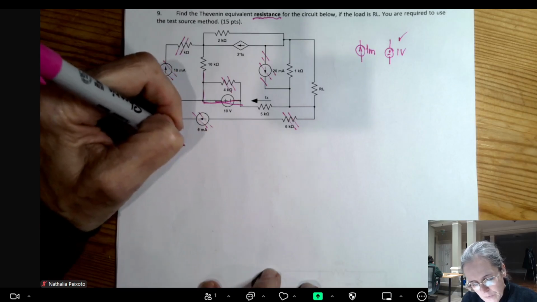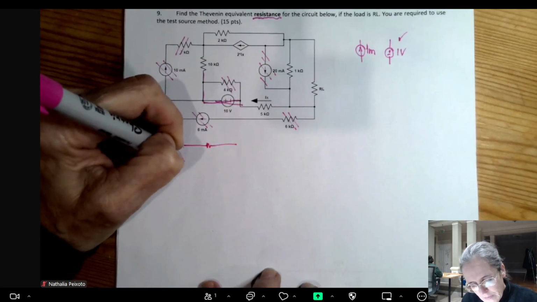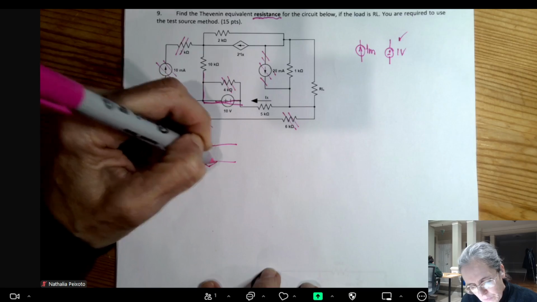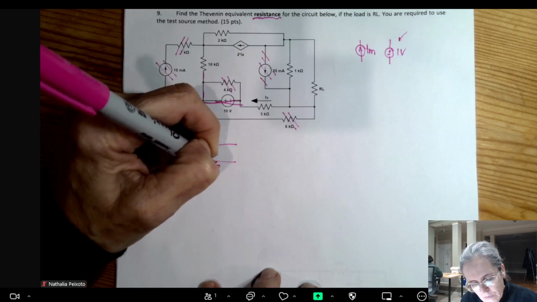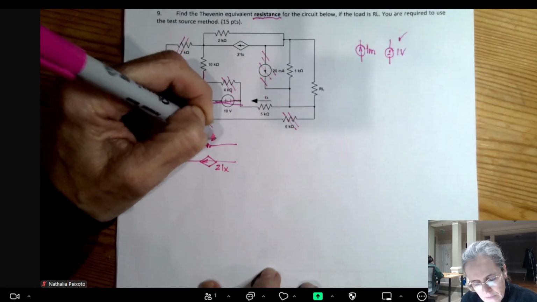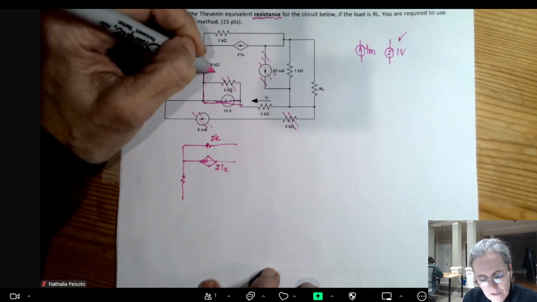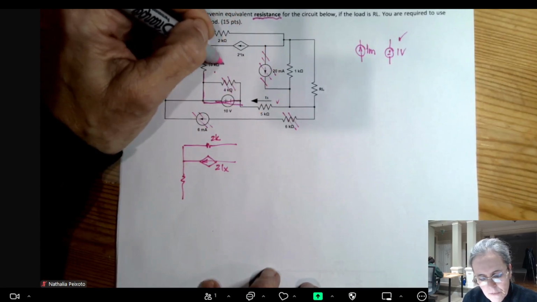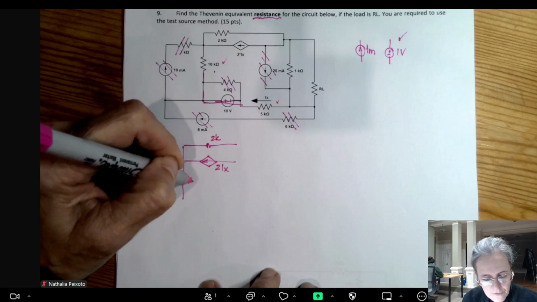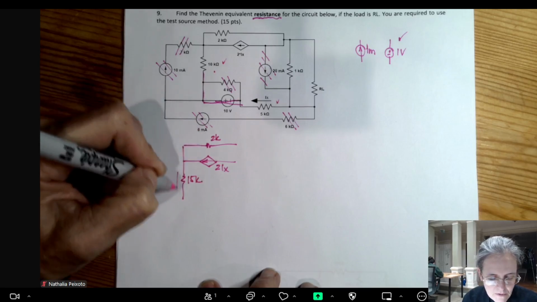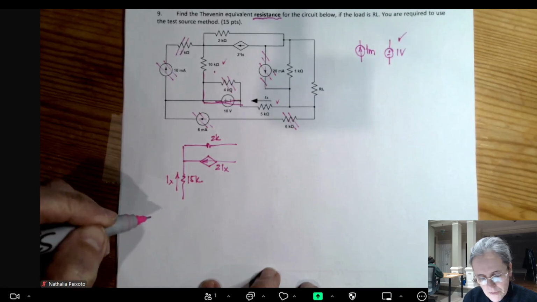I'm going to copy this circuit to show you what I was expecting. So this is a 2Ix, 2k, and then instead of the 10 kilo ohm, I'm going to already put the 10 kilo ohm with the 5 kilo ohm here, so it's a 15 kilo ohm because they're in series, and Ix is going that direction.